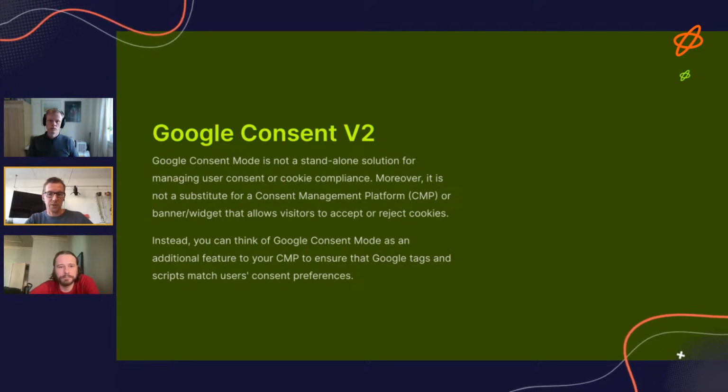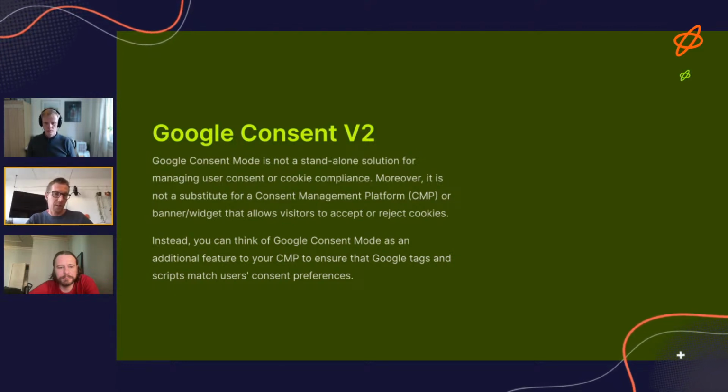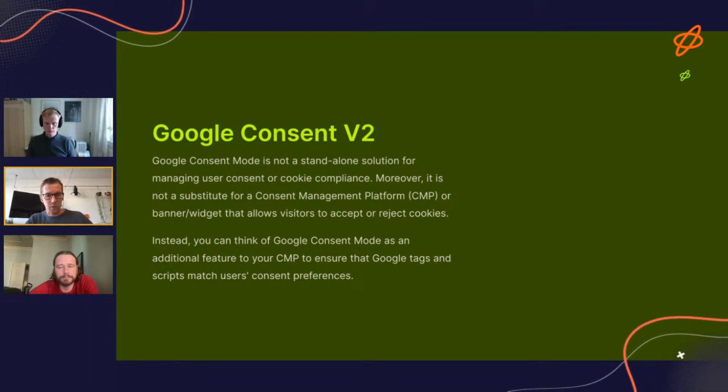Instead, you can think of Google Consent Mode as an additional feature to your cookie banner to ensure that Google tags and scripts match users' consent preferences. So what Google Consent actually does, it provides a set of rules, a set of tags that you can either allow or deny to be fired in your Google Tag Manager.